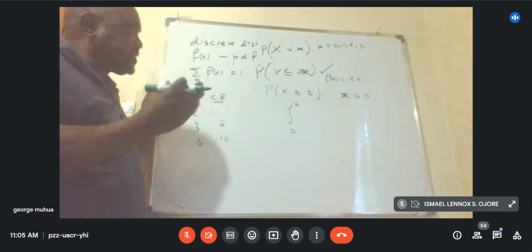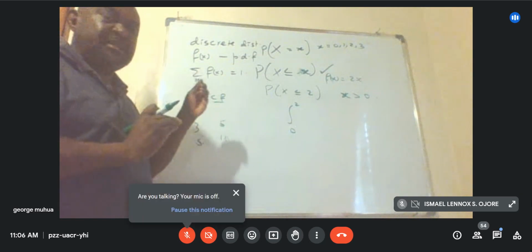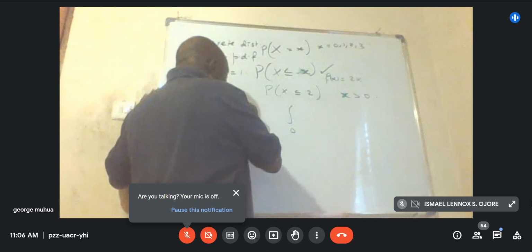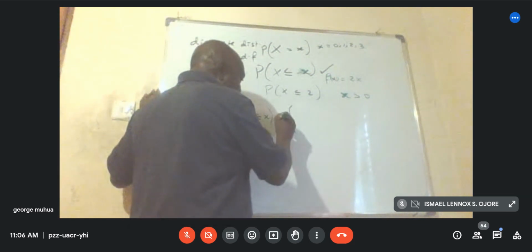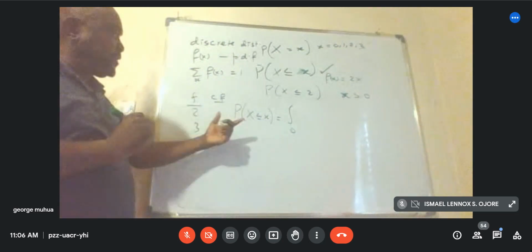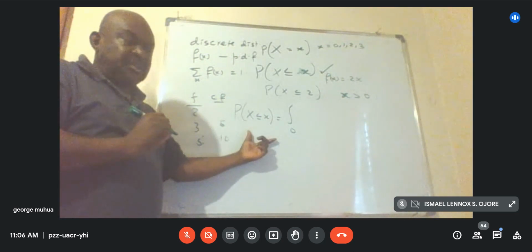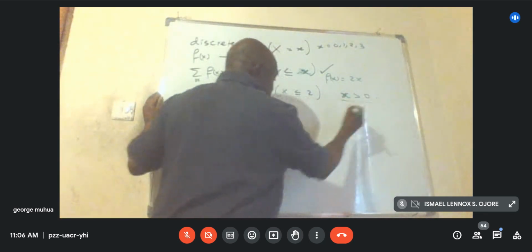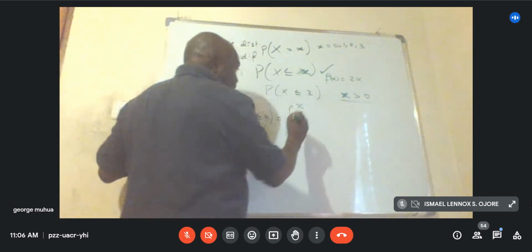But now when you are looking for a general expression for the cumulative distribution, then I would say probability of X less or equal to x. That is the general definition of the cumulative distribution. So you say the lowest was supposed to be 0, and I'm being told up to x. So the highest value should be x.